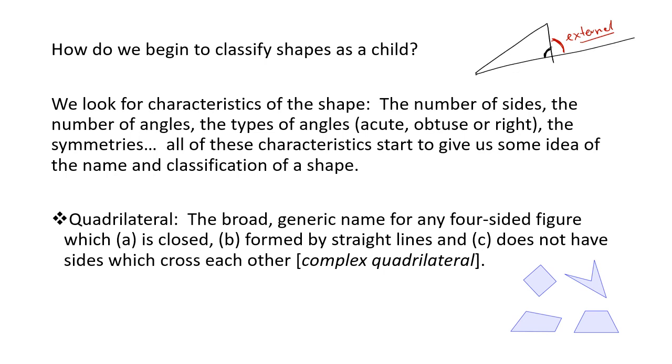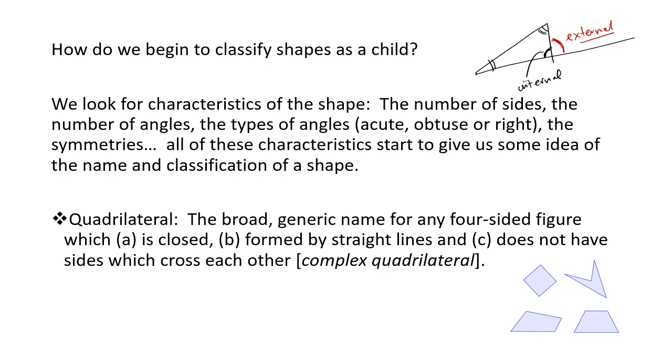So this is external, and this angle here would be internal because it's inside the shape. We looked at this before when we saw that this external angle is going to be equal to the sum of these angles over here. So when we're talking about angles here, we're talking about internal angles.